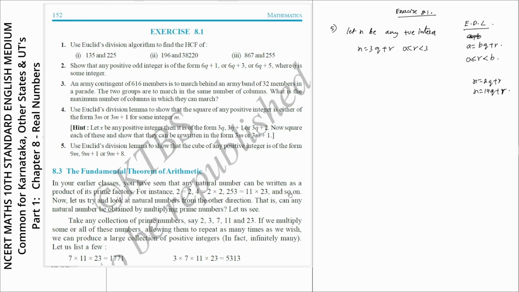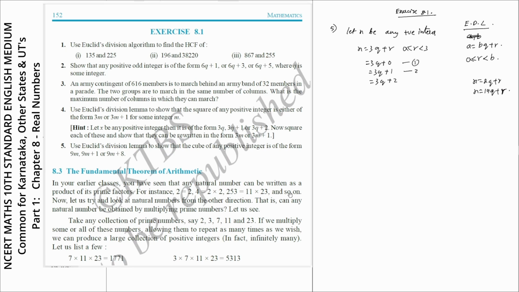Why? Seeing the answer I got some hint, that's why. When I solve the full question you will come to know. x is an integer, 3 is an integer, so I can write x is equal to 3q plus r according to Euclid's division lemma. So r varies between 0 and 3, that means x can be 3q plus 0, or 3q plus 1, or 3q plus 2.